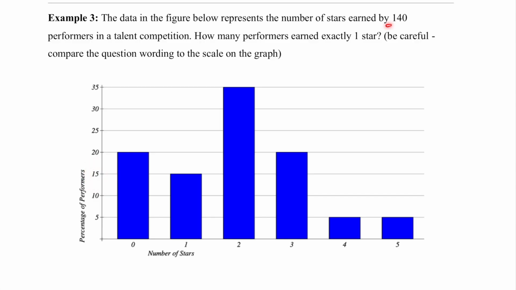Since there were 140 performers, we need to find 15% of 140. To find 15% of 140, we take 0.15 times 140.